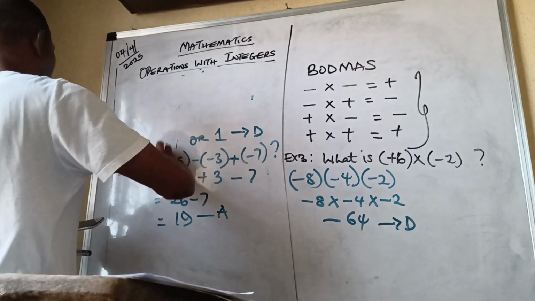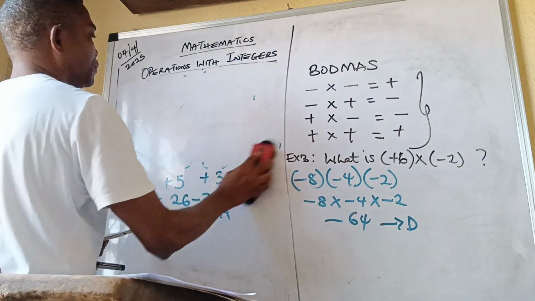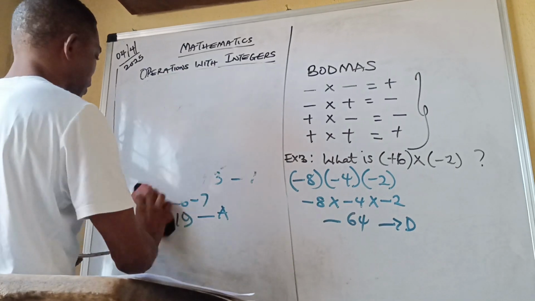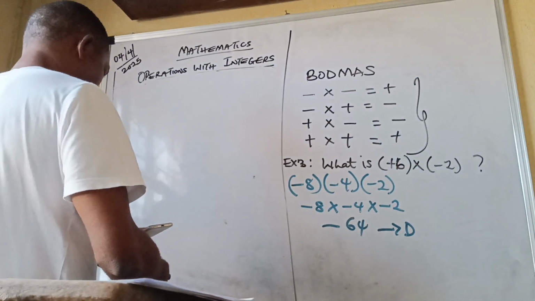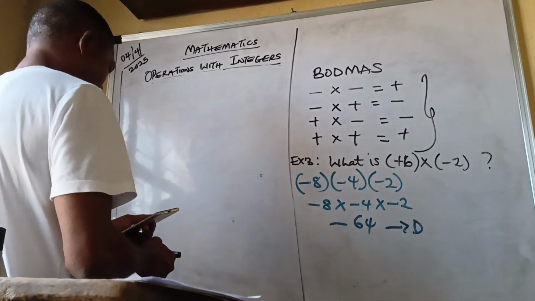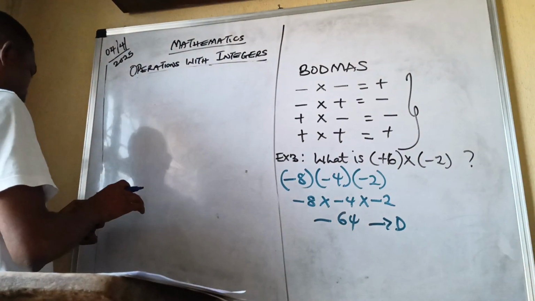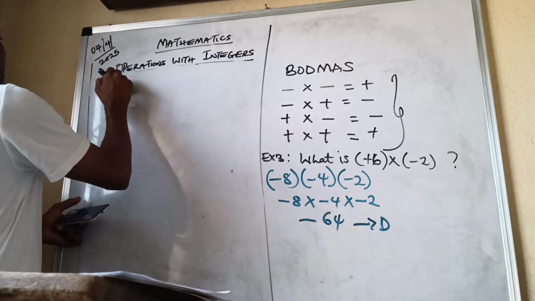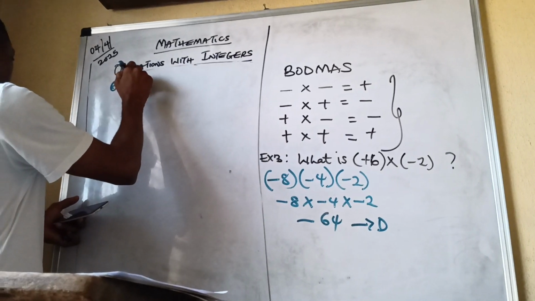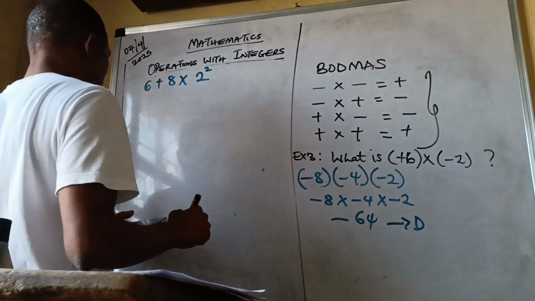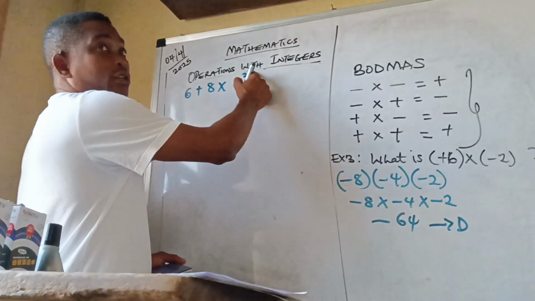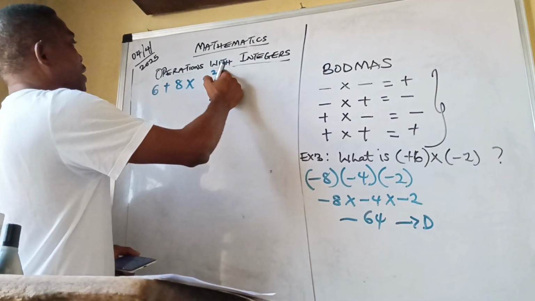That's question 4 in our practice questions. Question 4 is saying, which of the following is equal in value to 6 plus 8 times 2 raised to power 2. 2 squared is 4.